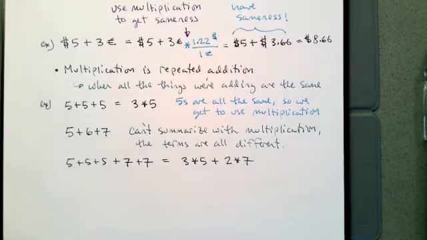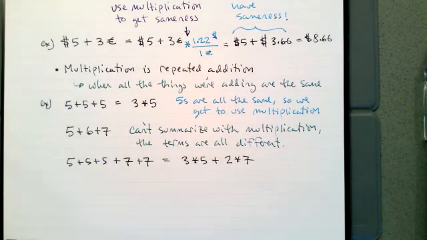So this leads us to further questions. We've had 2 operations so far. We've talked about addition. We only add things that are the same, and when we add them, it doesn't change what they are. And we've talked about multiplication. Multiplication is repeated addition, and we can use multiplication to get sameness. So that raises a couple of questions.